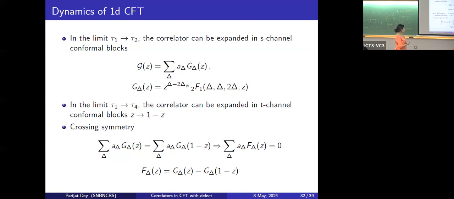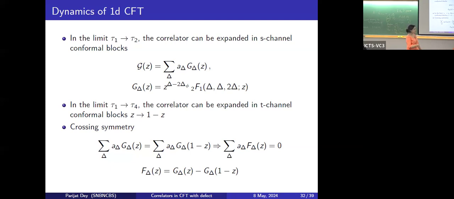Now we could have as well expanded this in the T channel, where we have operators 1 and 4 close to each other, and this is equivalent to changing Z to 1 minus Z. Now if the operator product expansion is associative, then these two expansions should give the same result. So this is the equality of S channel and T channel, and this is the bootstrap equation in one dimension.